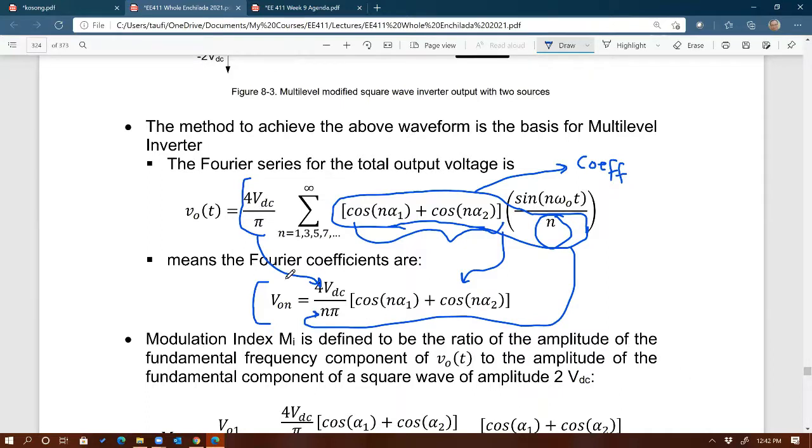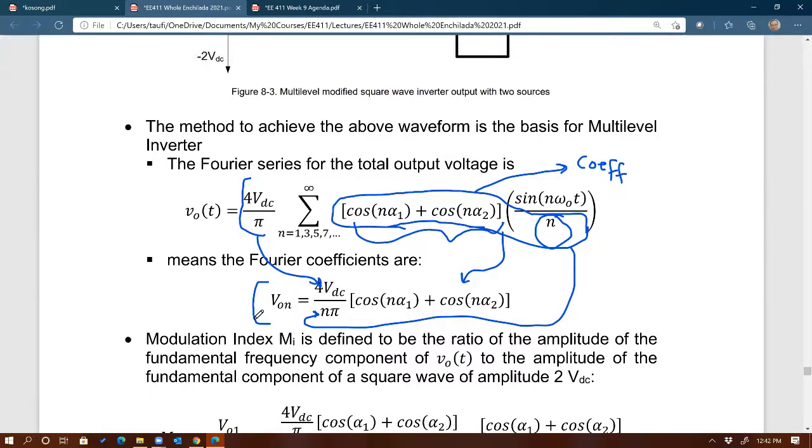So this equation gives you the coefficient of the harmonic number, which in turn gives you the magnitude, because it's constant. It gives you the magnitude of each harmonic number.